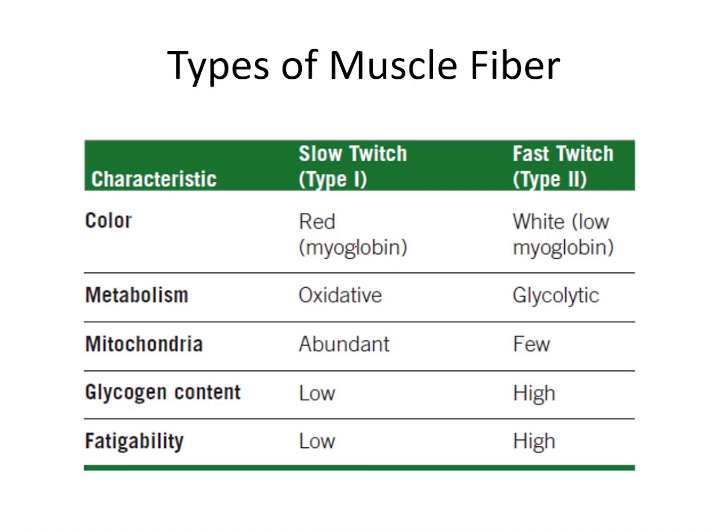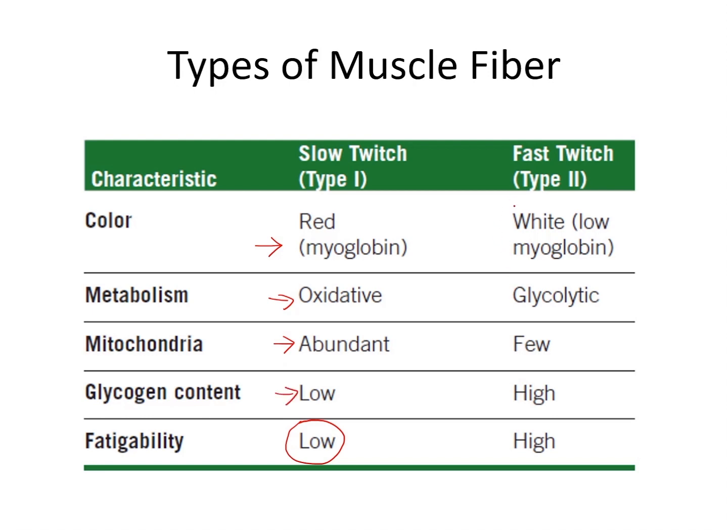We can see that the slow twitch fibers in general are fatigue resistant. Going along with that property, they engage in oxidative metabolism. They're red in color because they have the oxygen-storing pigment myoglobin. They have abundant mitochondria to support their oxidative metabolism, and their storage of fast sugars and glycogen is low.